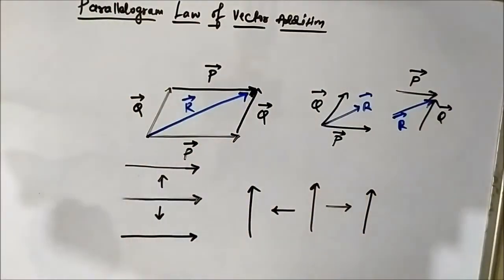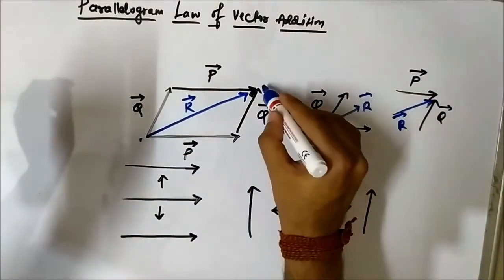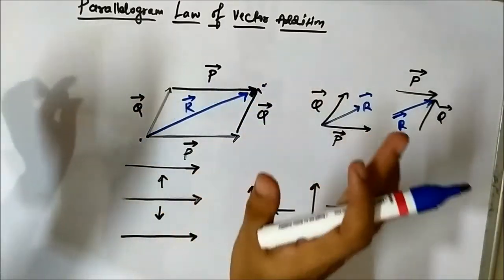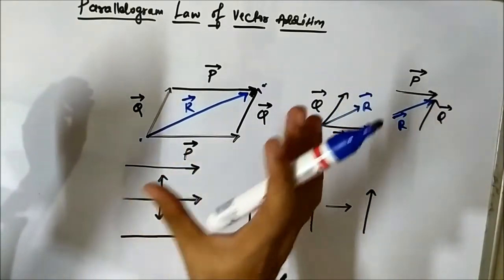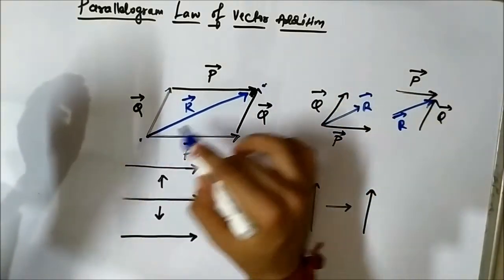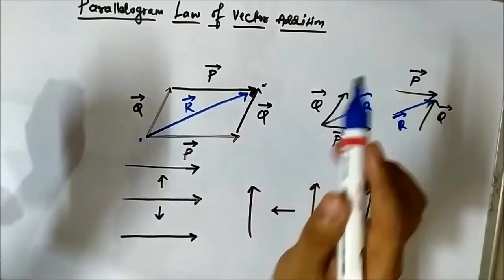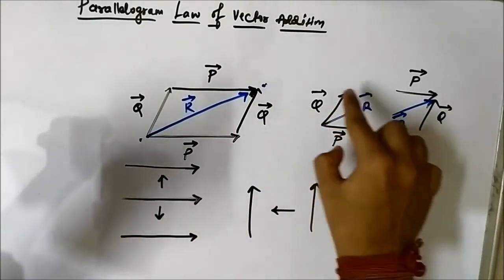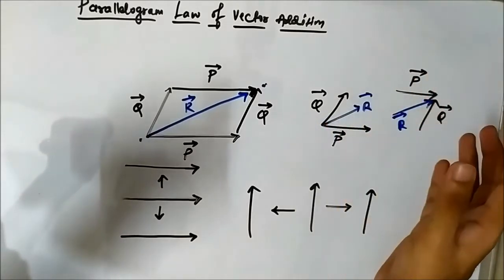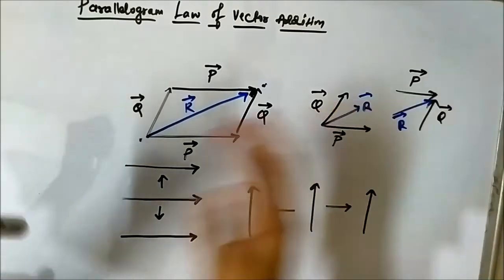So this is the whole parallelogram law of vector addition. If two vector quantities act at a given point and are considered as two adjacent sides of a parallelogram, then the resultant vector of the system is the diagonal of the parallelogram passing through the point at which the two vector quantities are acting. The idea is the same as the triangle law.